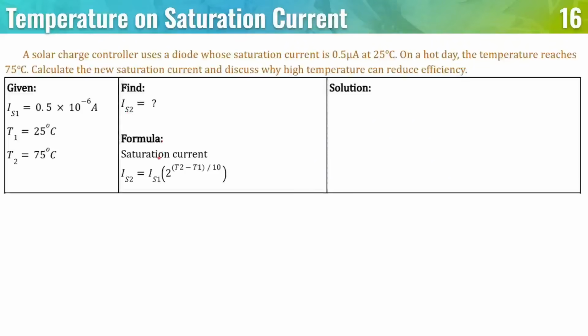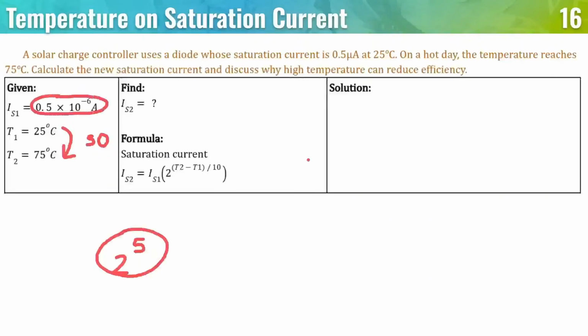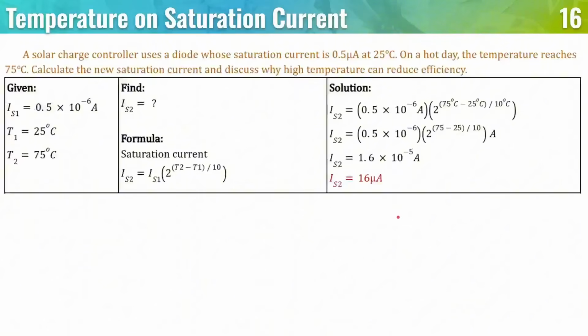So using this formula, we're going to check how many times it doubles. So as we can see here, it's going to be a 50 degrees Celsius change. So we simply multiply this by 2.5. So multiplying, sorry, not 2.5, 2 raised to 5 times this is going to yield our new saturation current.